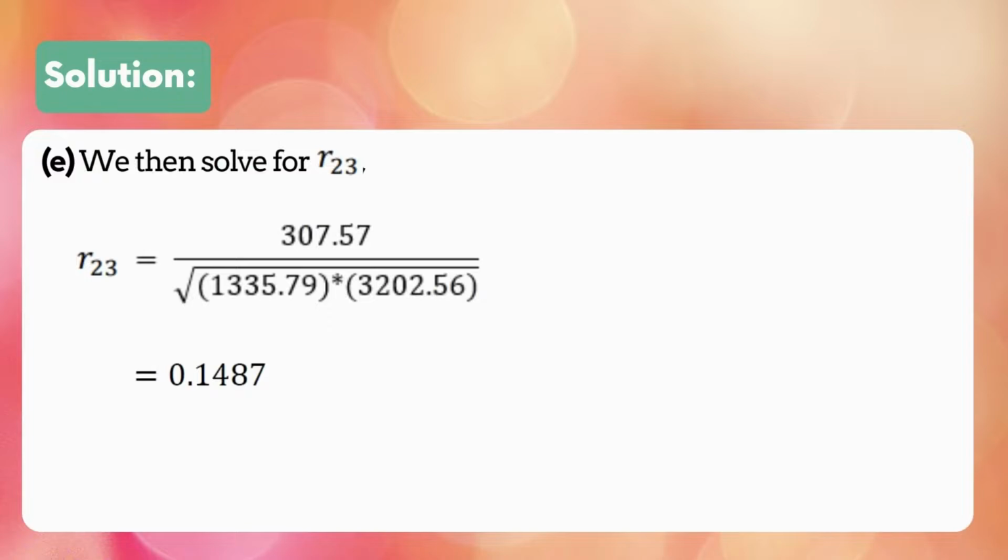We then solve for the sample correlation coefficient between x2 and x3 as 307.57 divided by the square root of 1,335.79 times 3,202.56, which is equal to 0.1487.